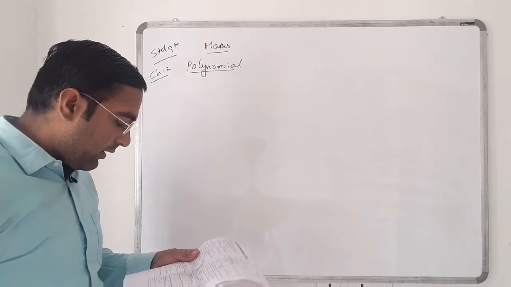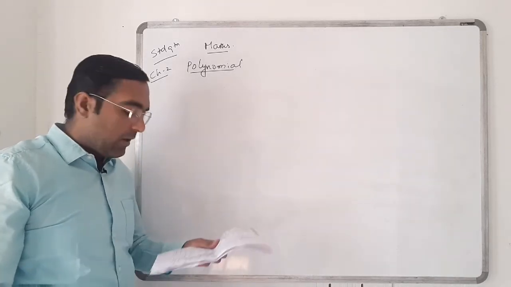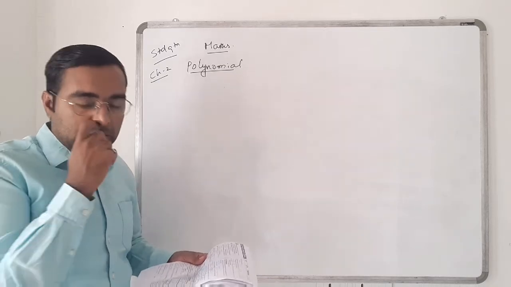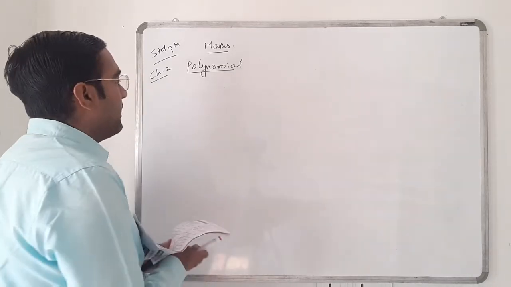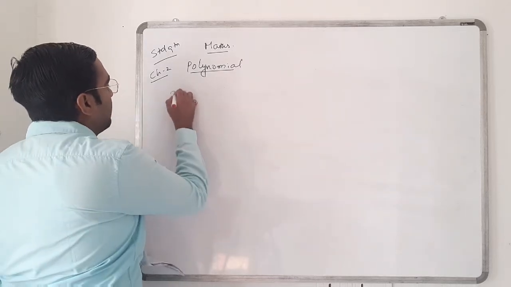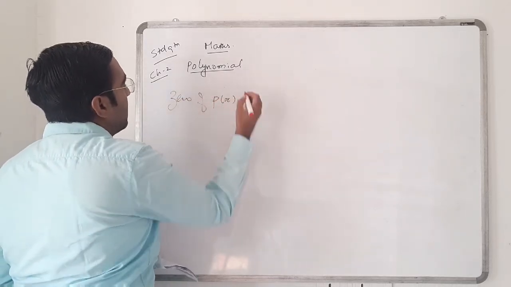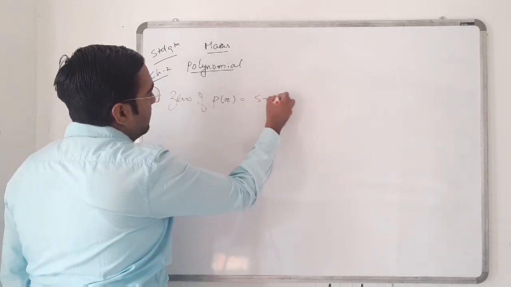For question number 16, zero of p of x, where p of x is 5x plus 2. You should remove the "capital of", that's not sensible. We are moving directly to the zero of p of x. Okay, so p of x is given as 5x plus 2.